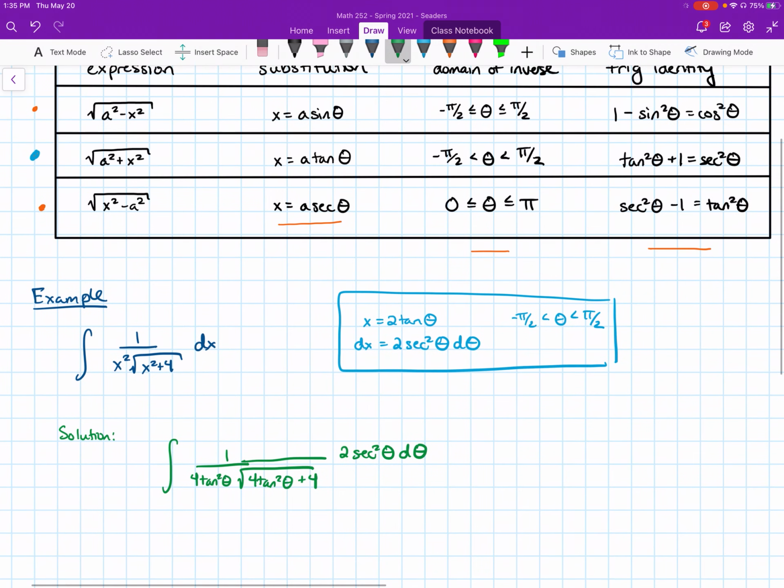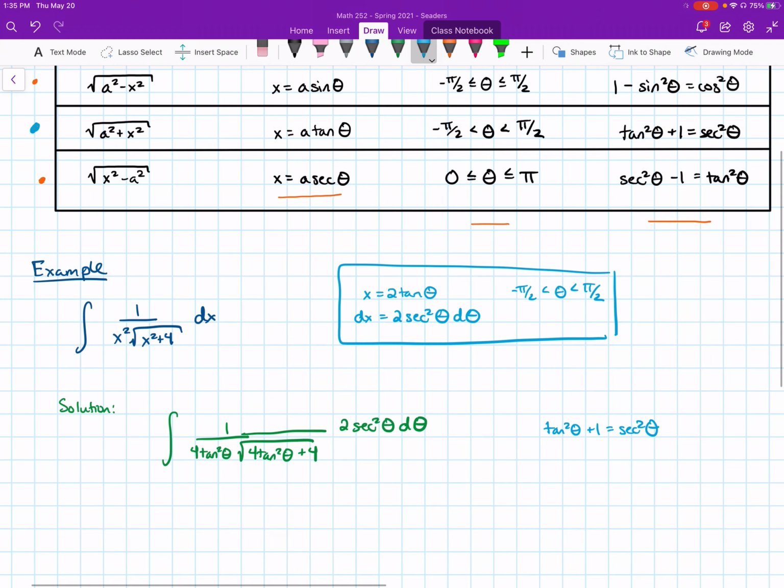But I know that I want to use the trig identity: tan squared theta plus 1 is secant squared theta. So let's work this out and see if we can't simplify things algebraically. So I have a 2 and a 4, so I can at least simplify there. I have a secant squared theta on top. I have a 2 tan squared theta on bottom.